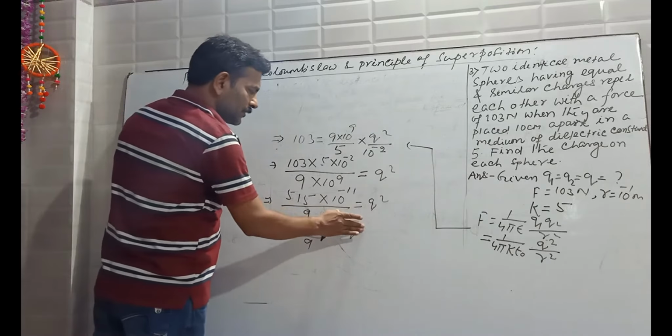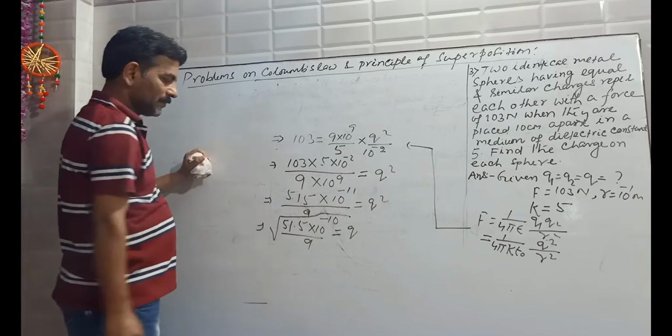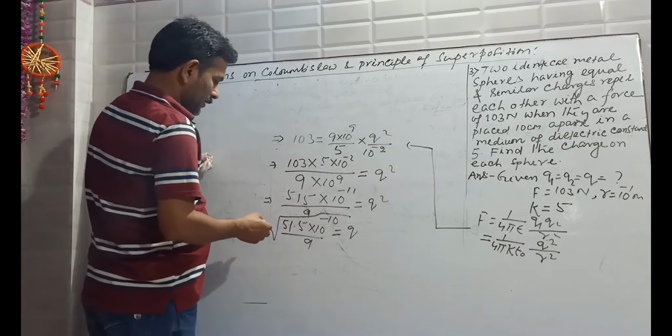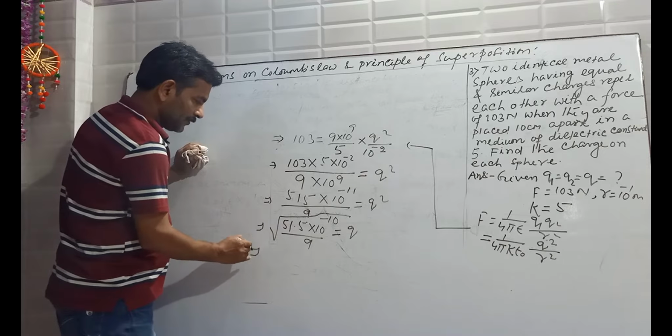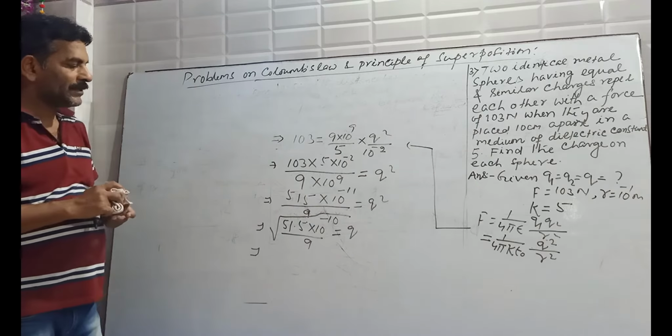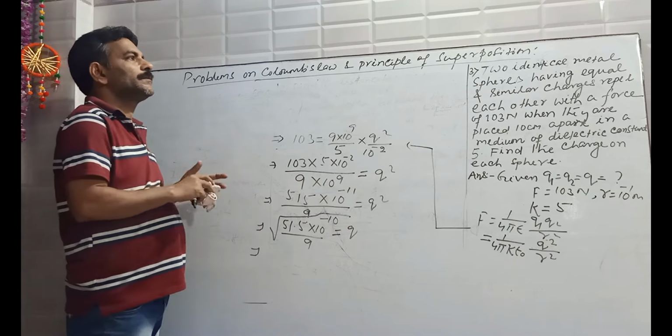So you change it into Q, then it will be the root over of this much. Okay? Then what will be the value? Root over of 51.5 will be how much?